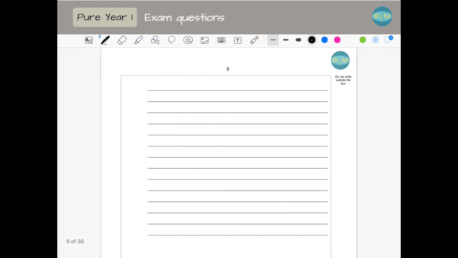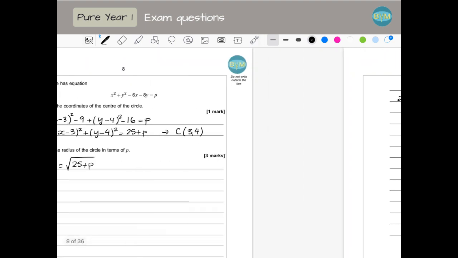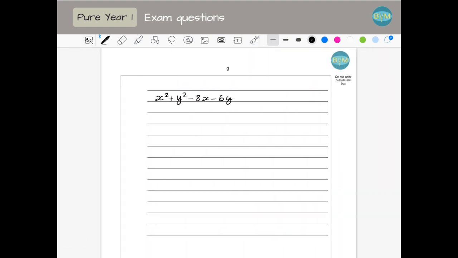So that's what we are going to force. x squared plus y squared minus 6x minus 8y, no, it's the other way around, 8x minus 6y equals p, and the x-axis must have only one solution. So if I solve simultaneous equations and substitute my y into the first one, I have x squared minus 6x equals p, and this must have one solution only.